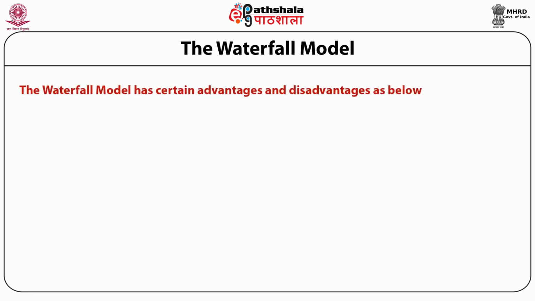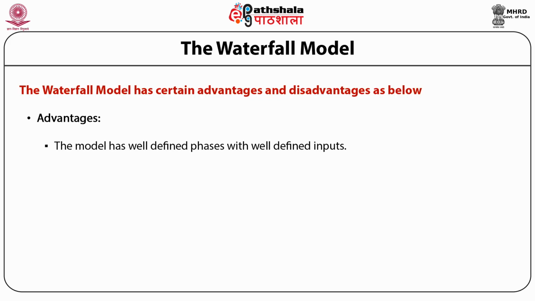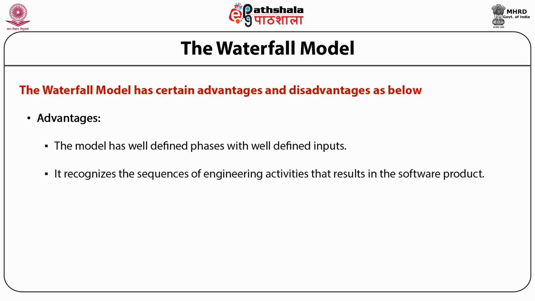The waterfall model has certain advantages and disadvantages. The advantages of this model are well-defined phases with well-defined inputs. It recognizes the sequences of engineering activities that result in the software platform. It allows departmentalization and control.